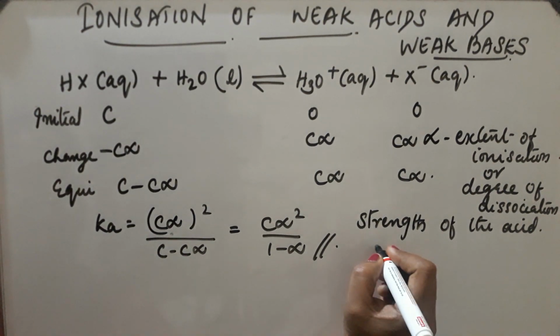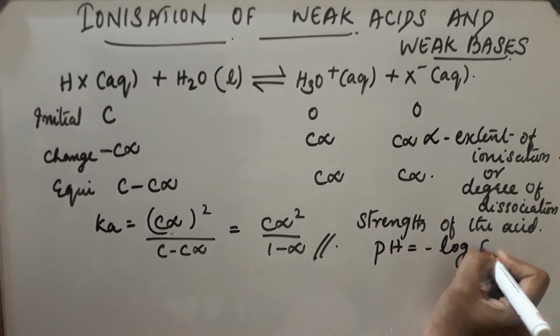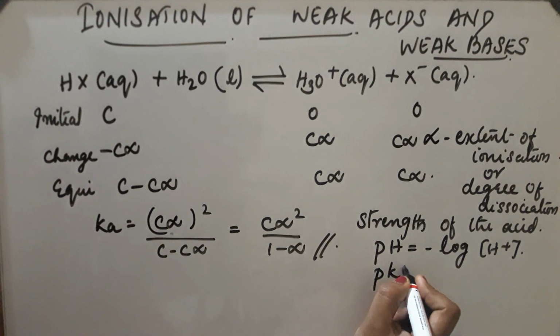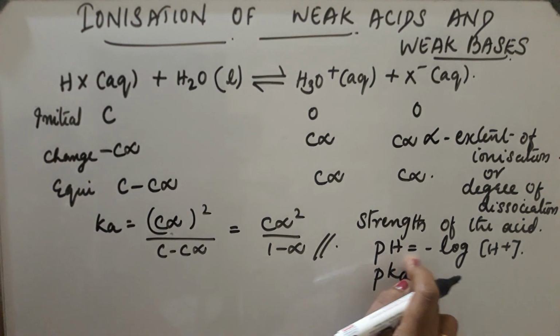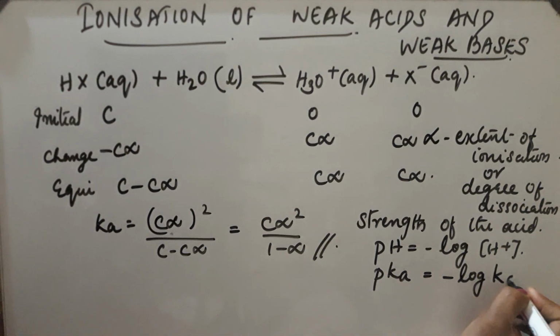Now, we know pH is equal to minus log H plus concentration. Similarly pKa will be equal to minus log Ka. So if Ka is known, we can calculate pKa also.